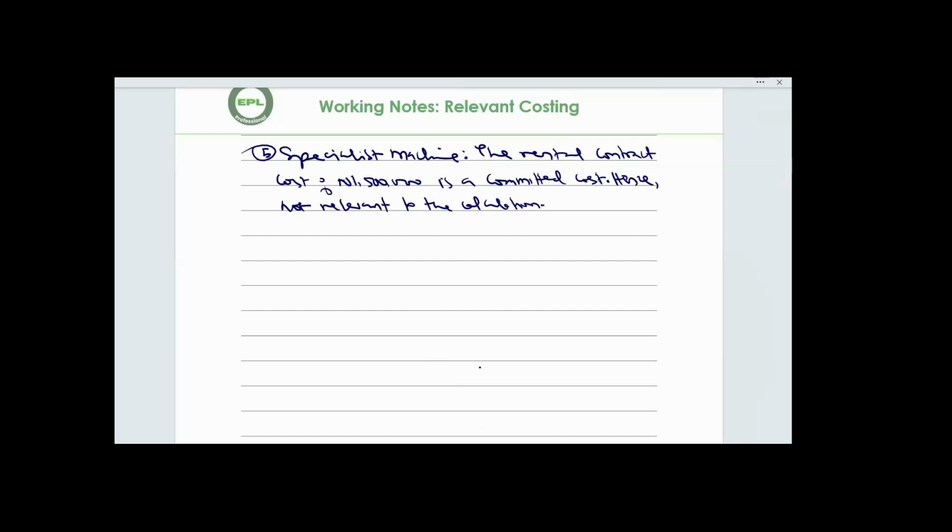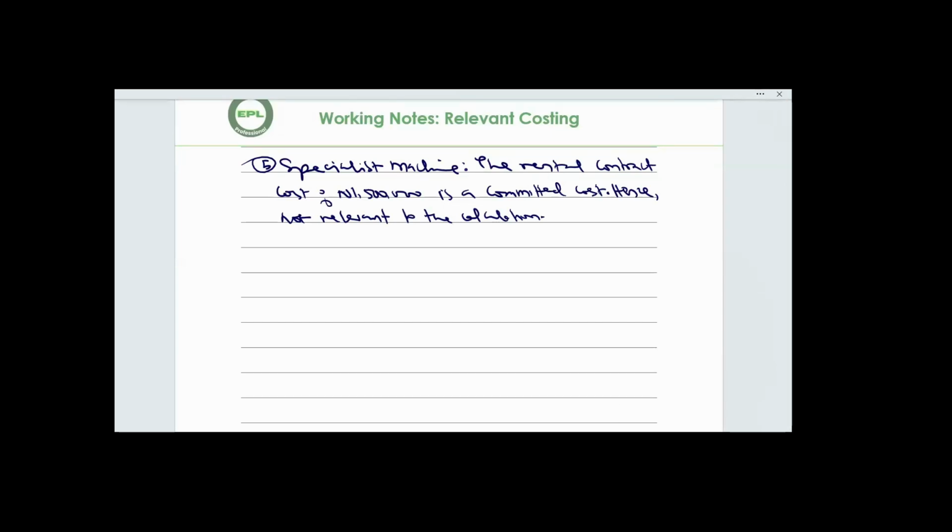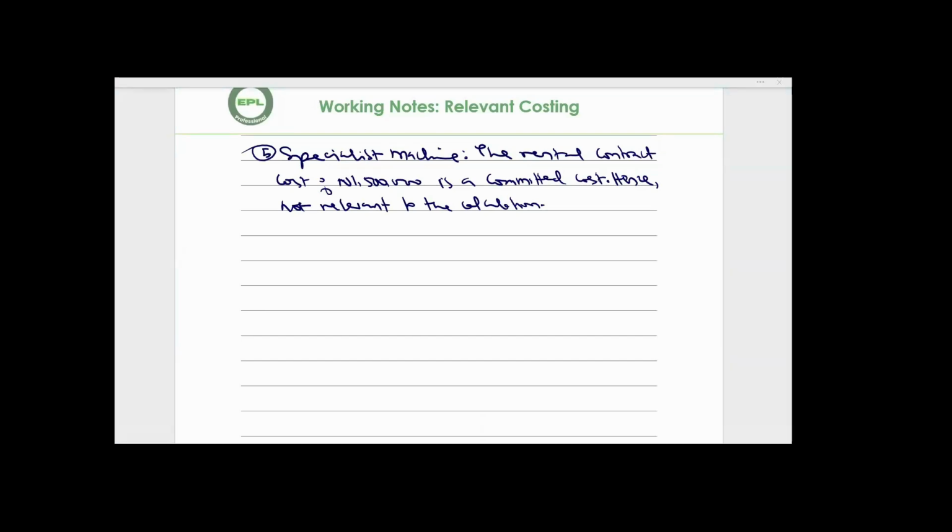Now, there's additional information number 5. You are now told that the machine can be rented for an additional 15 weeks at a cost of 1,525,000. So there's also an alternative cost, which is 2 million naira.